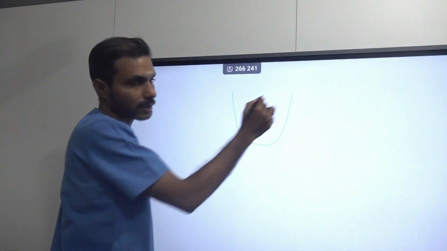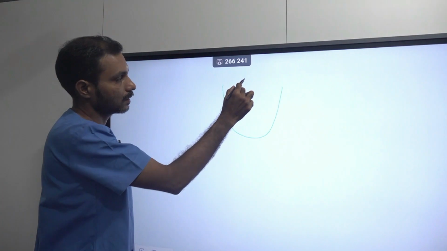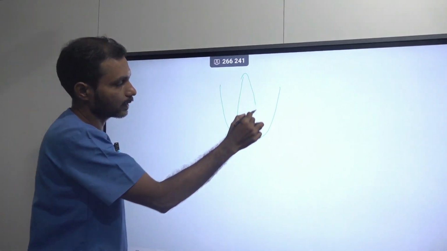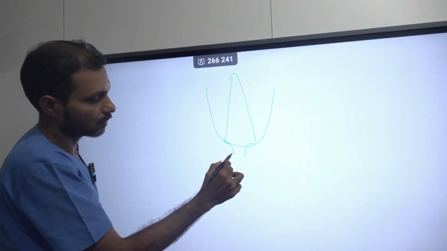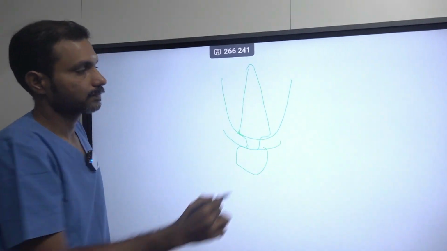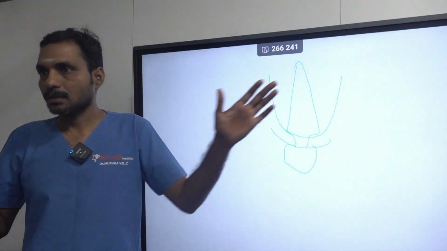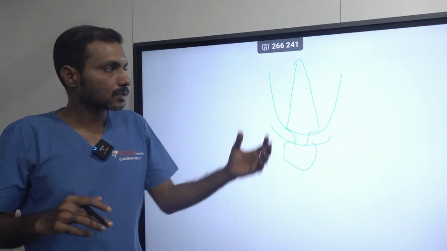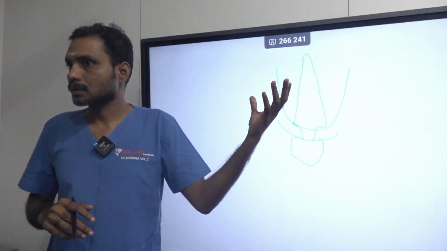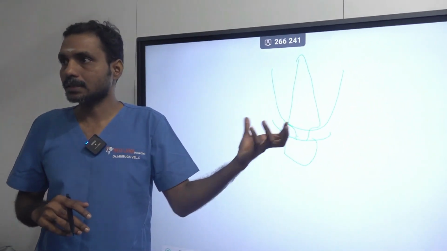But what will happen is, this is the buccolingual cross section. Okay, this is the implant you placed. But lot of implants close to each other. So what is happening is the maxilla is getting less supply, or mandible is getting less supply.